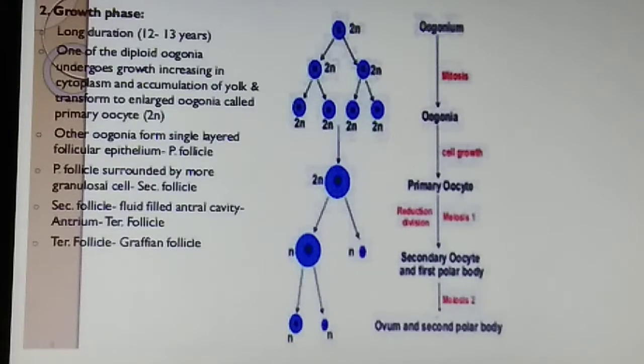Fine. Now the second phase we have is the growth phase. The multiplicative phase is clear to each one of you students, where these oogonia divide by mitosis and form the oogonia. Fine.